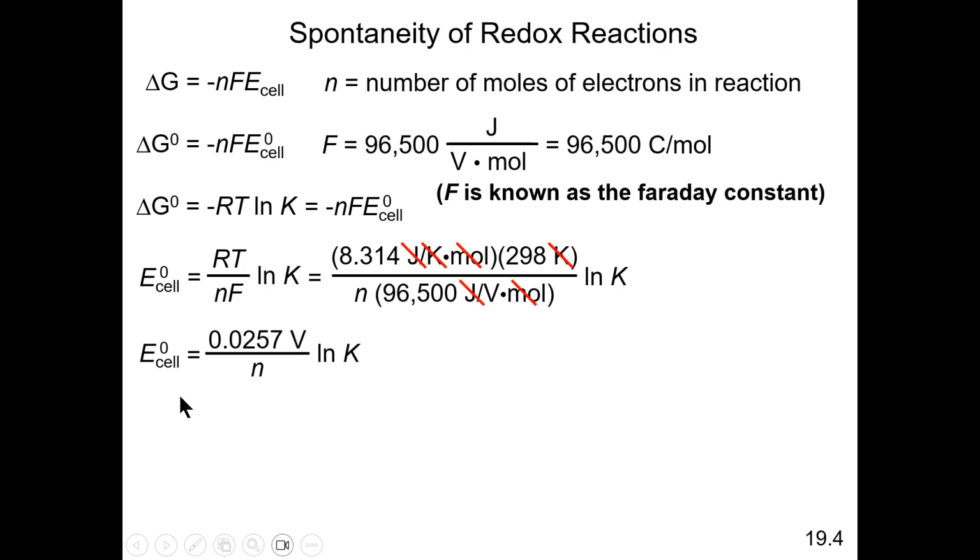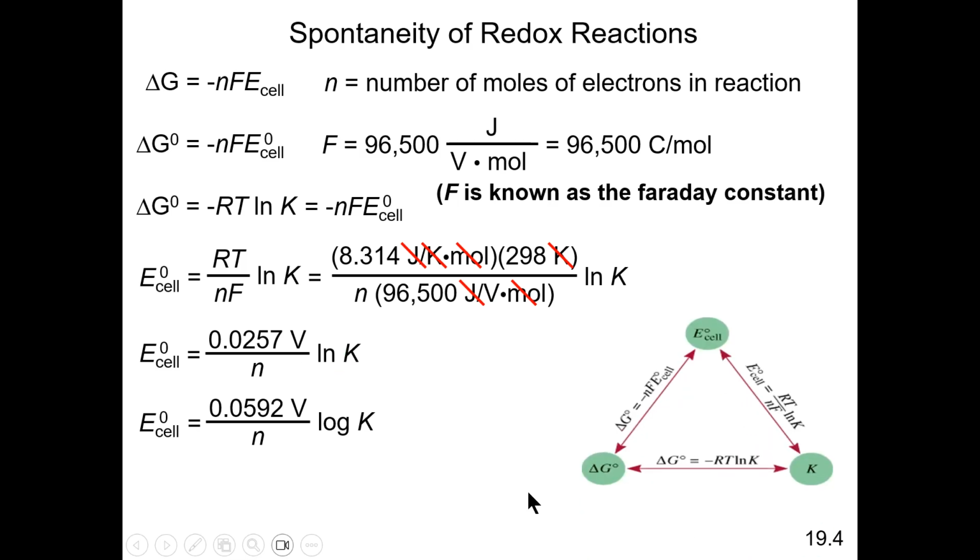The standard EMF of the cell is equal to 0.0257 volts over N times the natural log of K. And if we instead want to use the log to the base 10 of K, then this expression changes to what you see here. These two are basically saying the same thing. You can use either one of them to calculate the standard EMF of the cell if you know what the equilibrium constant is.